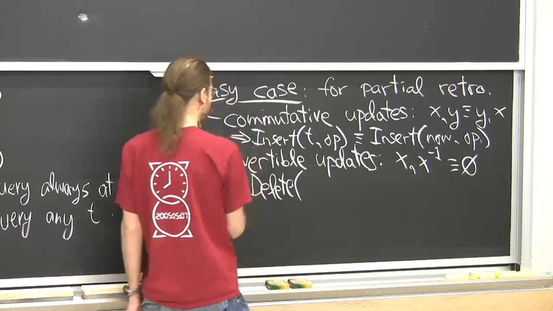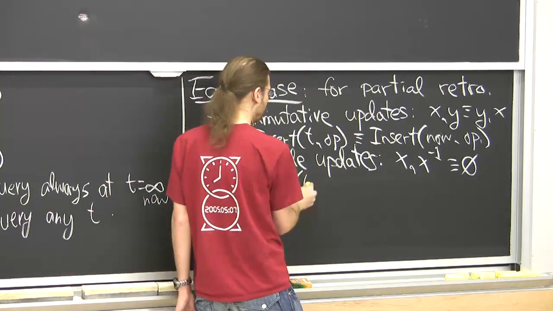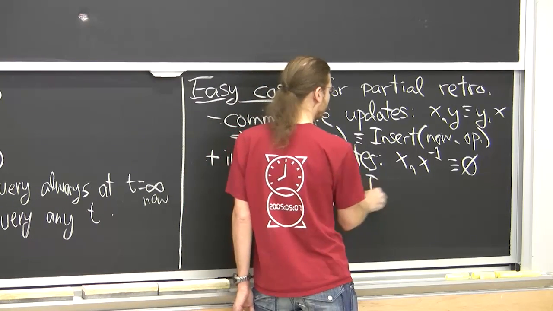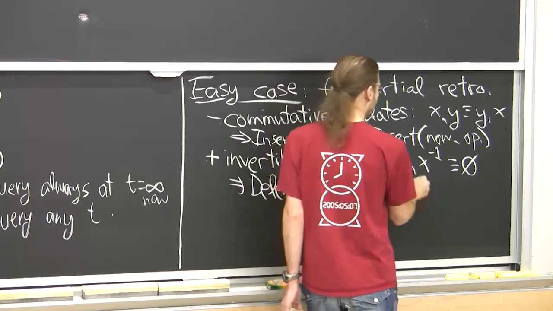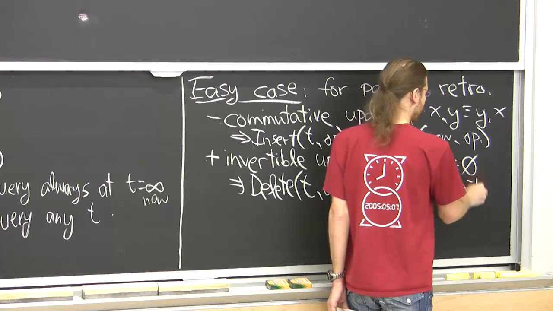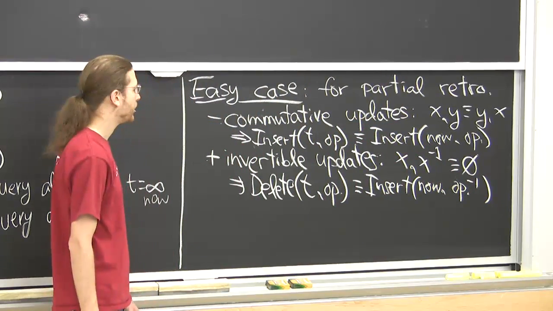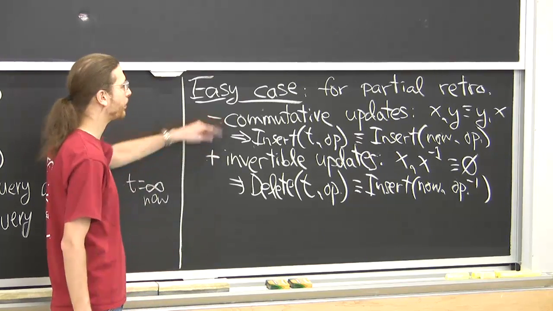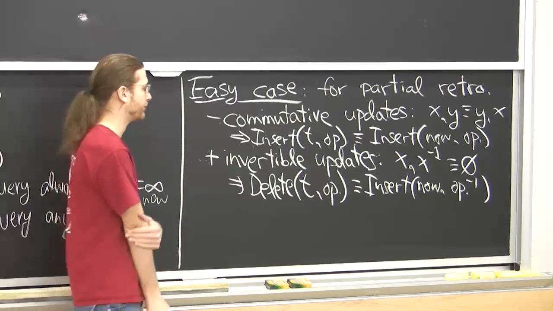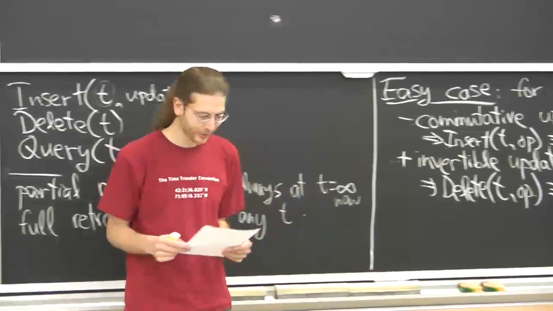And if you have also commutativity, so I'm adding these two constraints, then delete t some operation is the same thing as inserting now that operation's inverse. So if I have both of these properties, then partial retroactivity is trivial. I just do everything in the present. May not seem very exciting, but it solves a bunch of problems already for free.